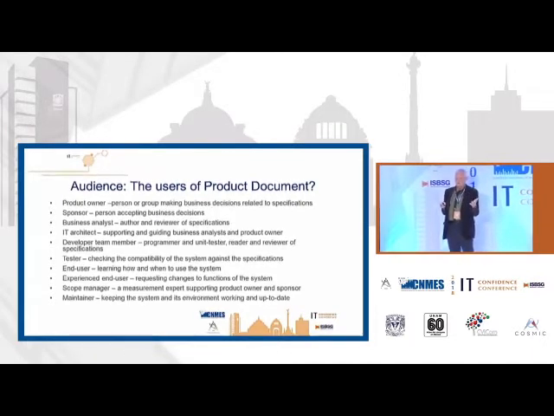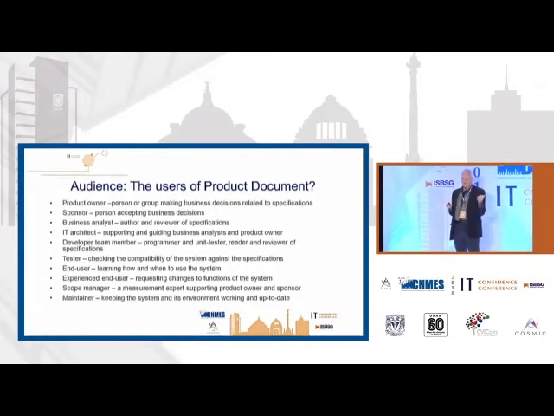Sponsor, the person who is paying and accepting business decisions, giving money to that development or maintenance. And they also need to see the connection from the estimates or from their payments to the business. And that's impossible without any documentation of what is done.